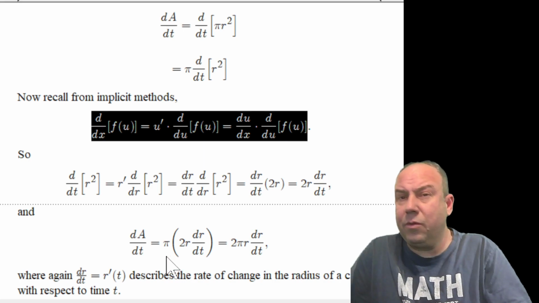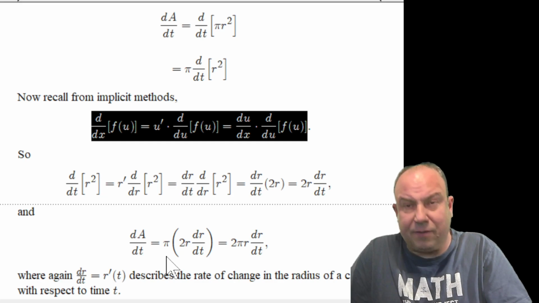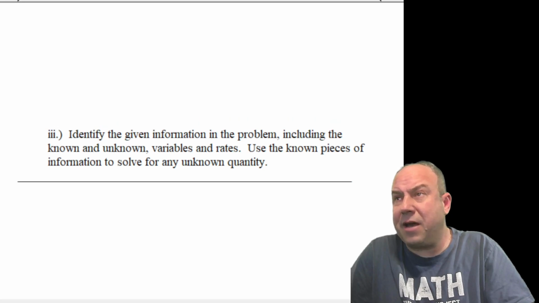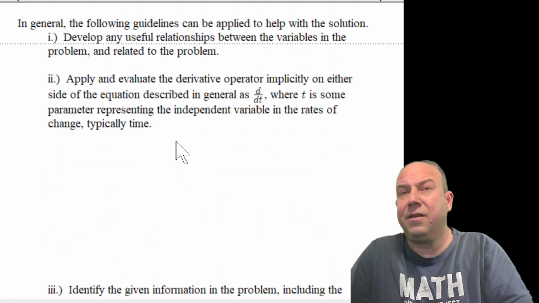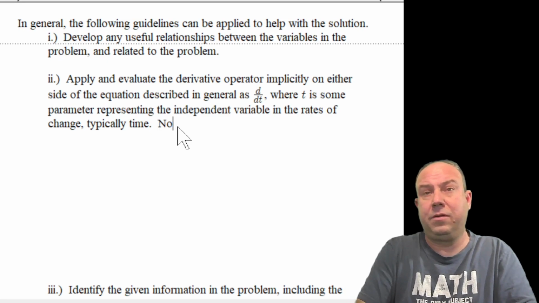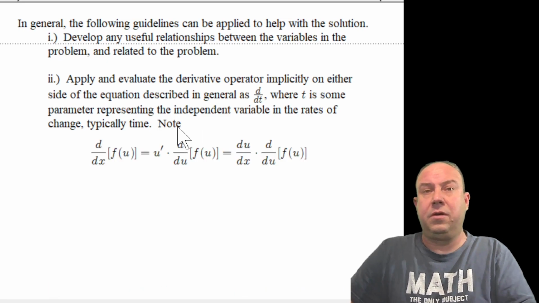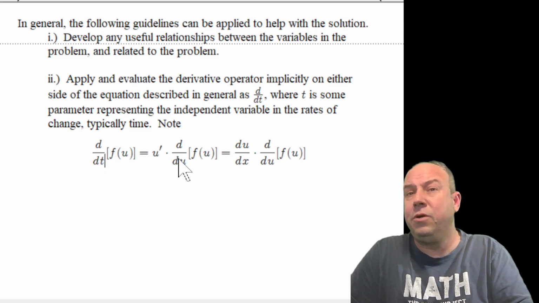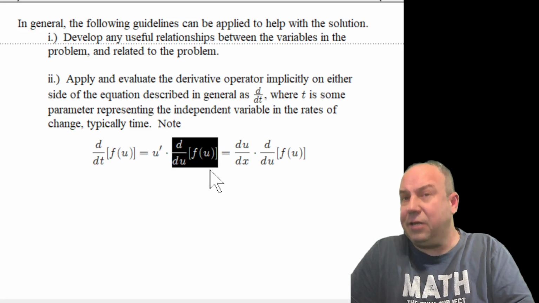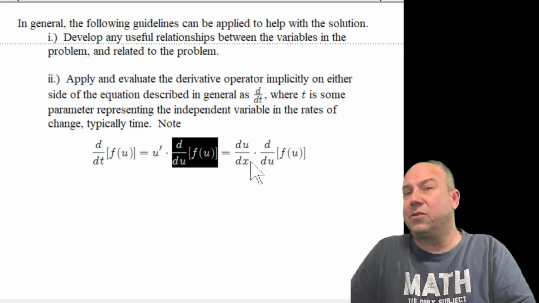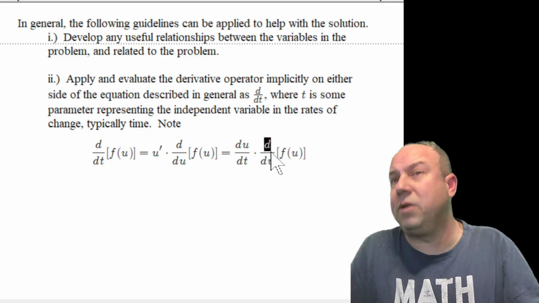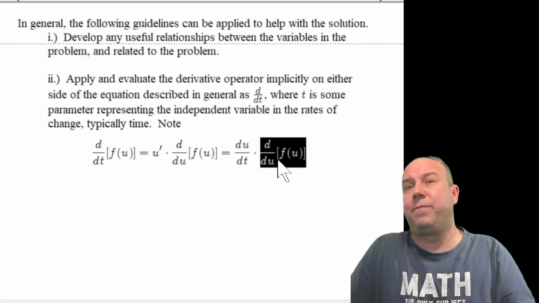And we might even say here, let's copy that, and perhaps come down here and note, if we do take and apply that operator with respect to t for some function of u, it is going to be equal to du dt times d du of f of u.